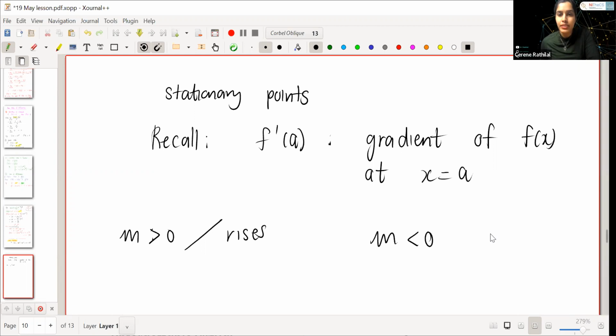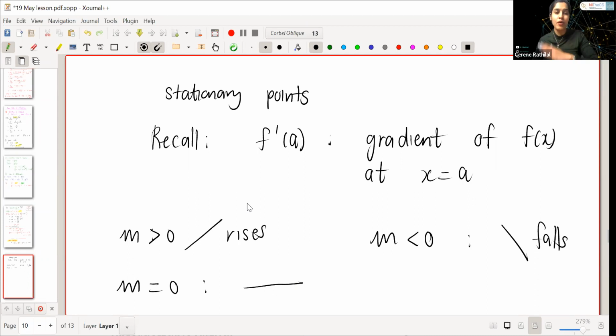If the gradient was negative, then the line falls in that direction. And of course, gradient equal to 0 is a horizontal line. We all remember that. So this f prime at a specific point x equals a is indicating to us the behavior of f of x at that point, whether it's on a rise, it's on a fall, or if it's going to be horizontal.